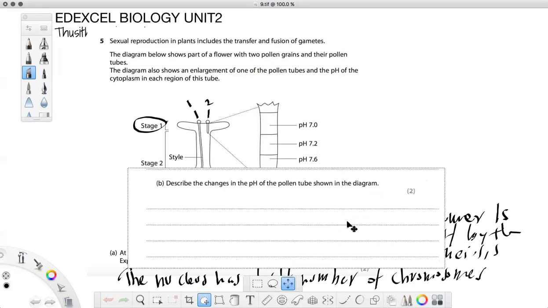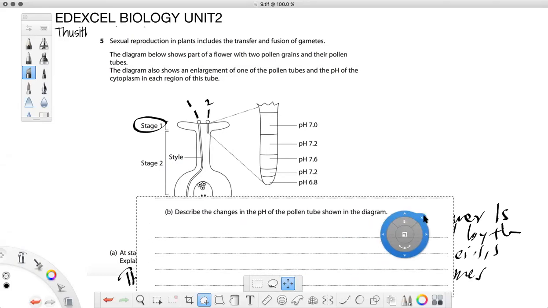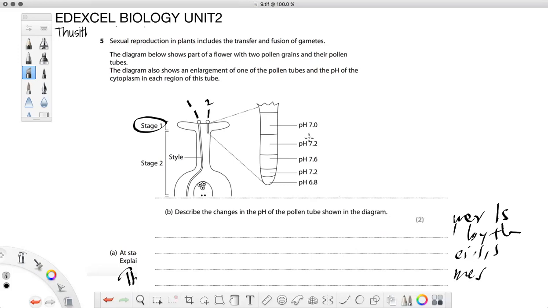Next one. Describe the changes in the pH of the pollen tube shown in the diagram. So you can see the pollen tube. This is the tip of the pollen tube. pH 7, increase to 7.2 and further increase to 7.6 and then decrease.